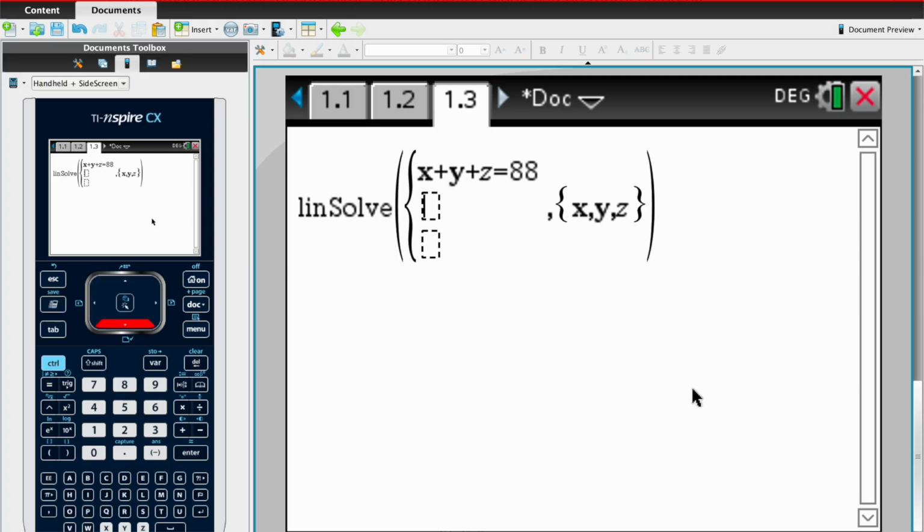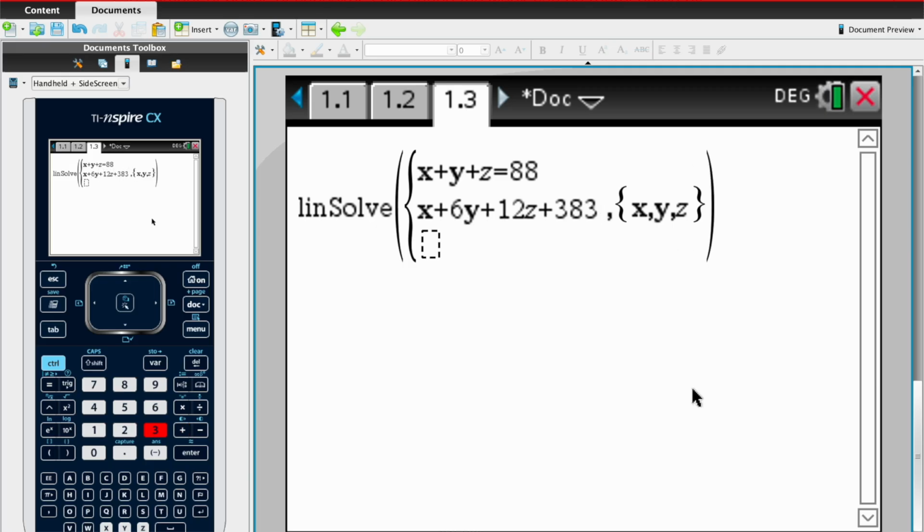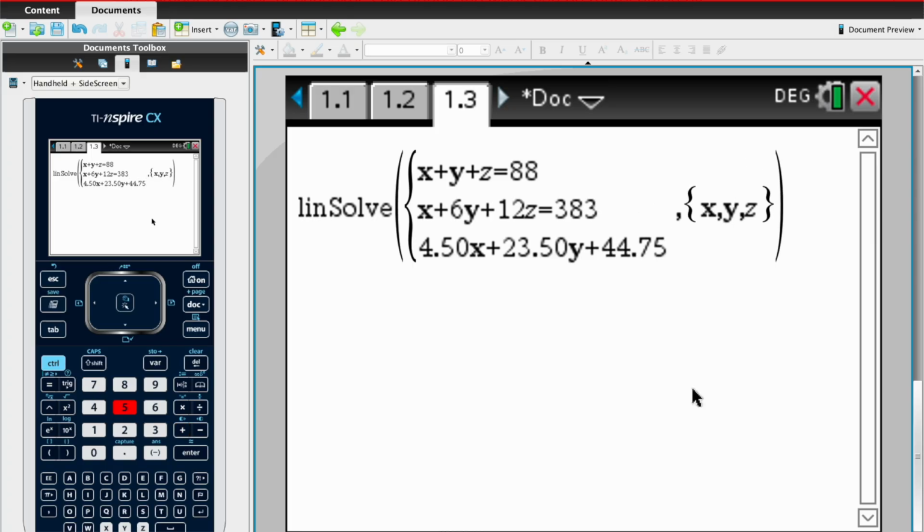And then we have x plus 6y plus 12z. That was the total number of cupcakes. And then we have the total earnings, 450x plus 2350y plus 4475z equals, and then the total amount was 1486.